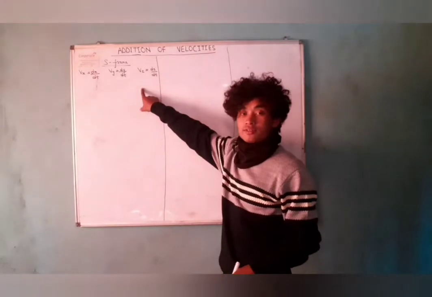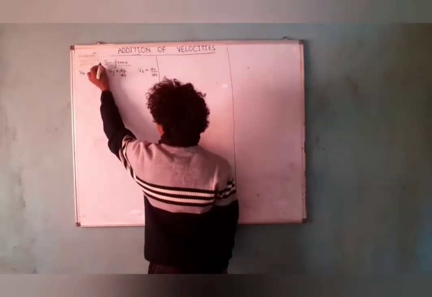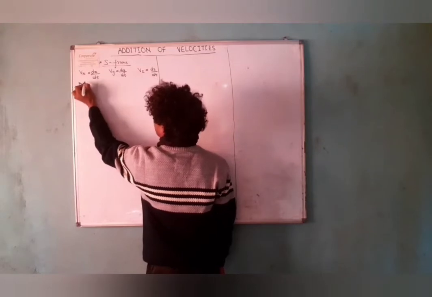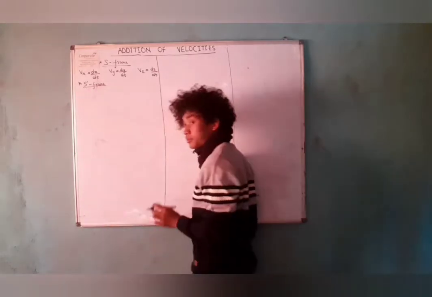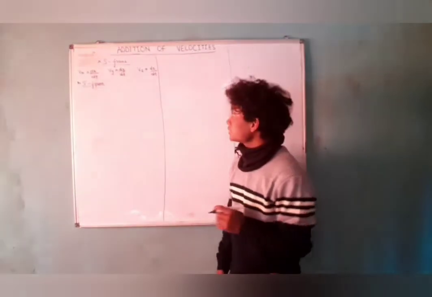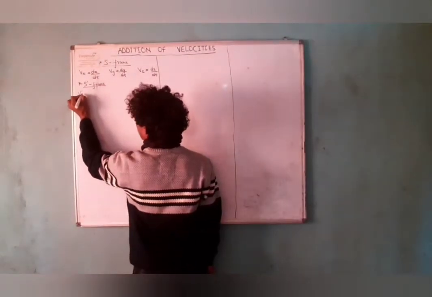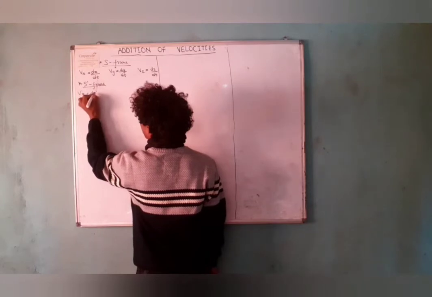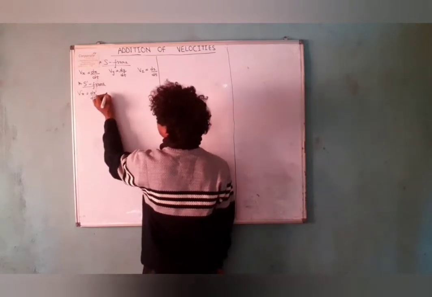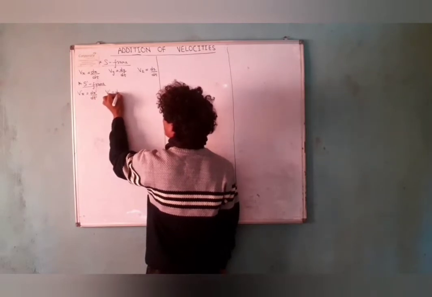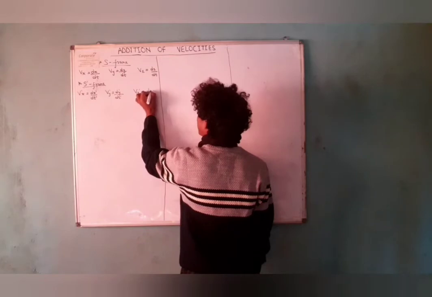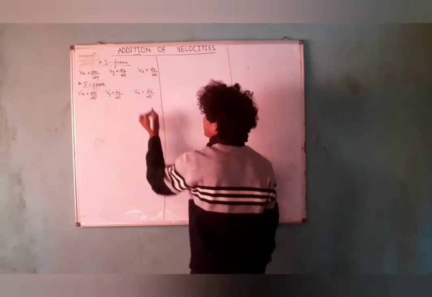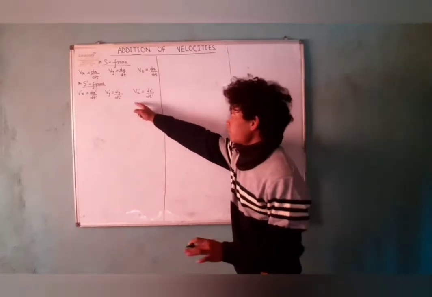And this is the definition of velocity. For S prime frame, the rate of change of x dash with respect to time is V dash x equals dx dash by dt dash, Vy dash equals dy dash by dt dash, and Vz dash equals dz dash by dt dash. So this is the definition of velocity.